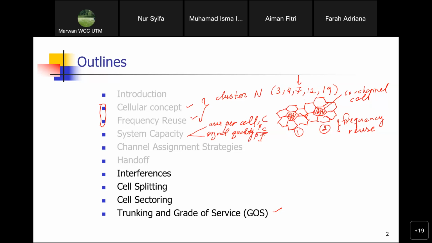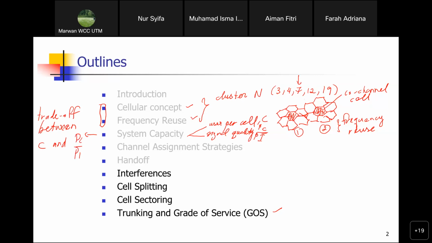So we know that there is a trade-off between C and the C over I. If we increase the capacity, then your C over I is going to reduce.